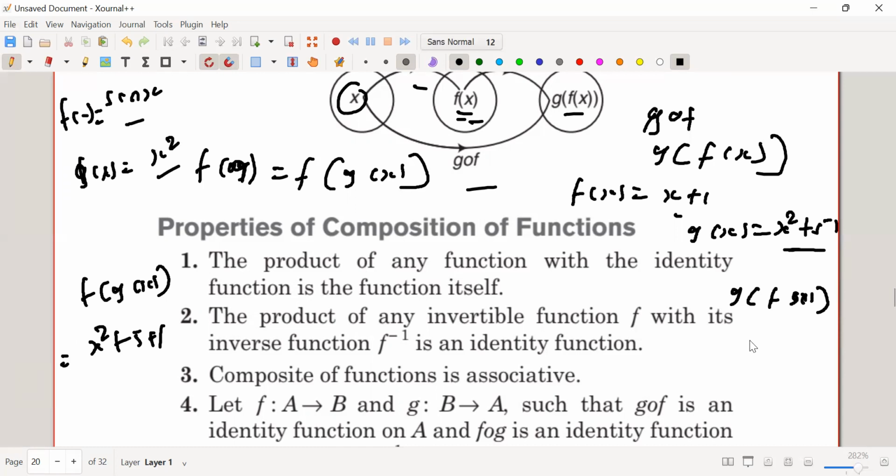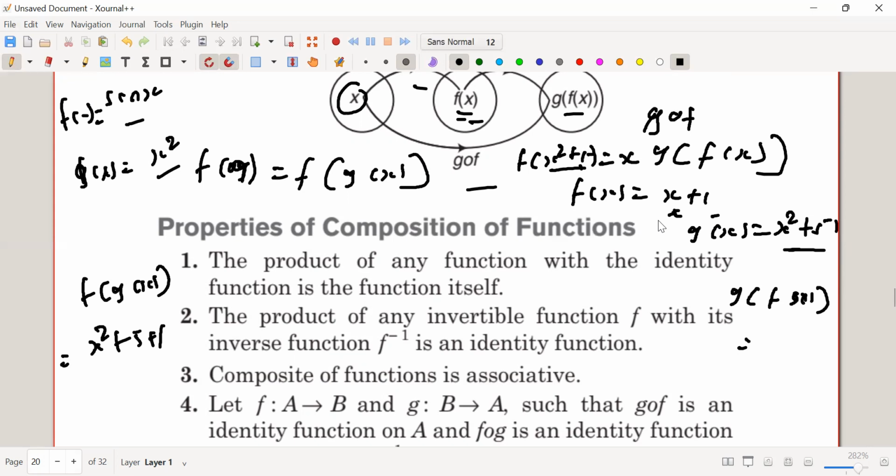g of f of x னா x இடத்துல x plus 1 சப்ஸ்டிட்யூட் பண்ணனும். x plus 1 whole square plus 5 சப்ஸ்டிட்யூட் பண்ணனும். இல்ல, f of x வந்து x plus 1. அதனால think like this. f of x squared plus 5 equal to, in place of x I have to substitute x squared plus 5. அப்போ this is x, வெறும் x மட்டும் தான் இருக்கு. அப்படியே அது மட்டும் தான் நான் சப்ஸ்டிட்யூட் பண்ண போறேன்.